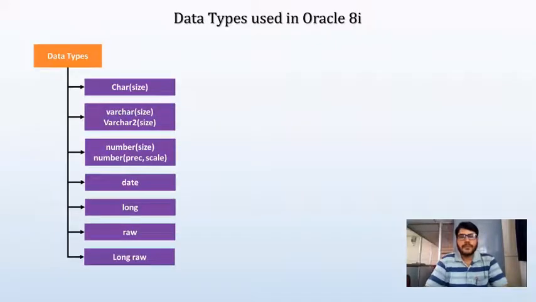In Oracle 8i, we are using several data types. As you can see, I have listed some of the data types. So the first data type is char, C-H-A-R, char. If you observe, I'm mentioning the size within the parenthesis. This indicates the character data type.